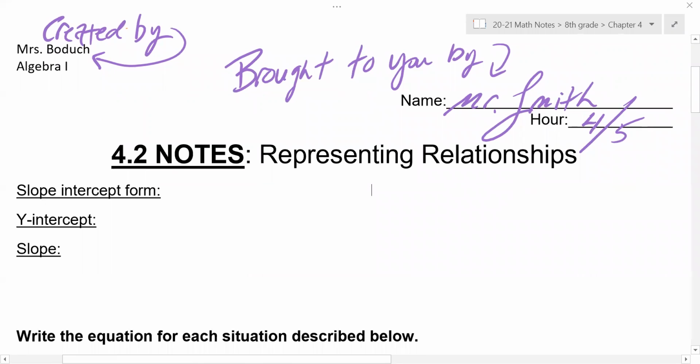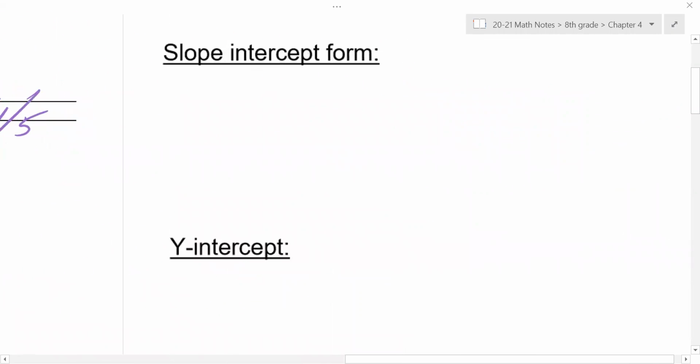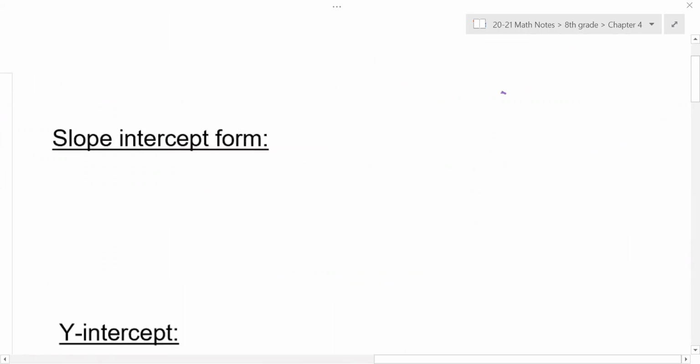4.2 notes, representing relationships. Because there's not a whole lot of room, if you printed this out, I'm going to be going over here for writing these definitions. So we have slope-intercept form.